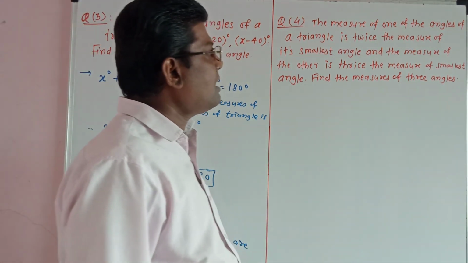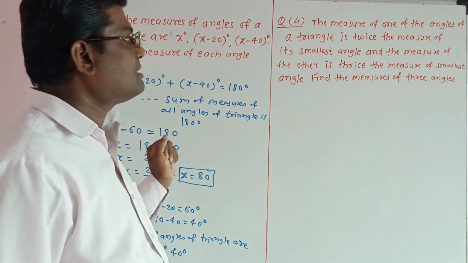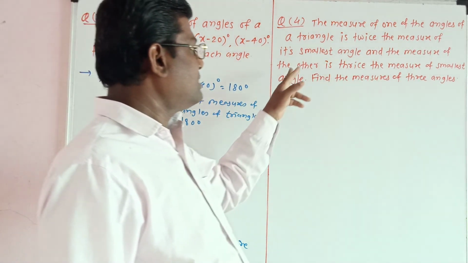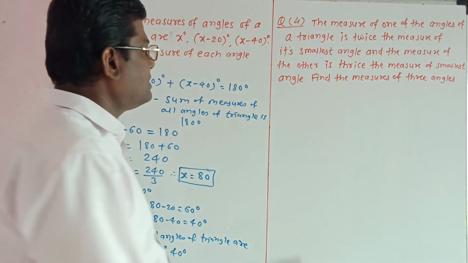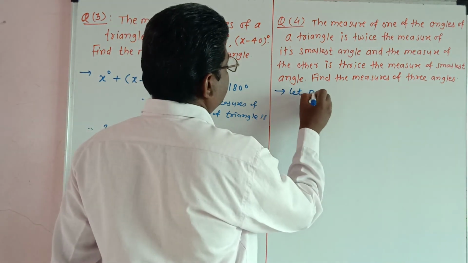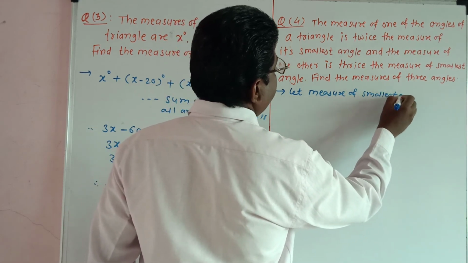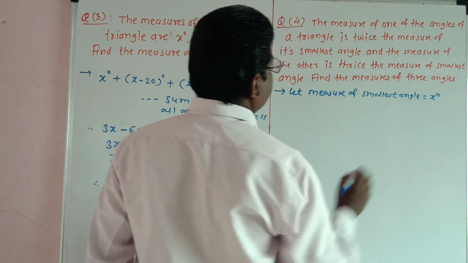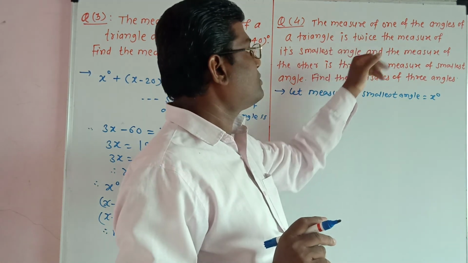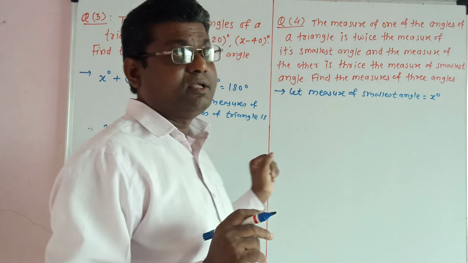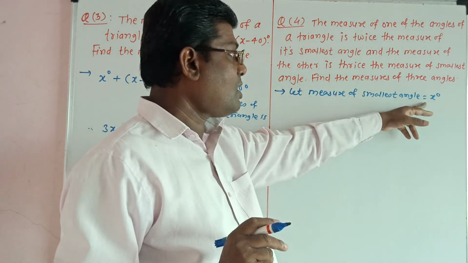Question number 4. The measure of one of the angles of a triangle is twice the measure of its smallest angle, and the measure of another is thrice the measure of the smallest angle. Find the measures of the three angles. Let the measure of the smallest angle be x degree. Then one angle will be 2x, twice the measure of the smallest angle.